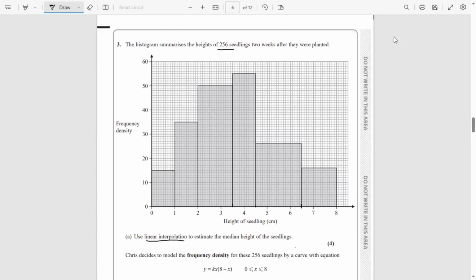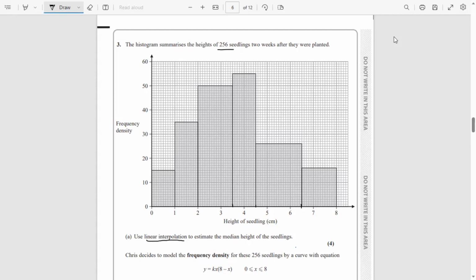If you haven't seen linear interpolation before, it's just a way of estimating things based off histograms or tables of data, in which we assume that the heights of each seedling in each of these groups are equally distributed.